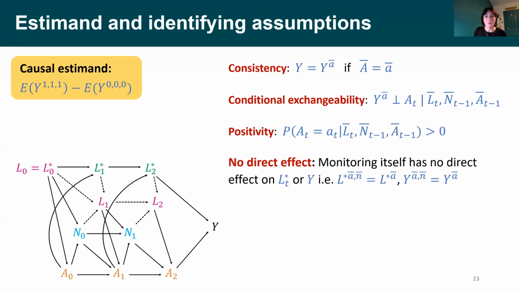Then positivity, which states that given a patient with any combination of observed covariate, monitoring and treatment history, there's a non-zero probability of that patient being both treated or untreated at the current time. And finally, the assumption of no direct effect, which states that the decision to monitor a patient won't affect the underlying value of the covariate being monitored, i.e. L star, or the outcome. So we don't have any direct arrows from N to L star or from N to Y.